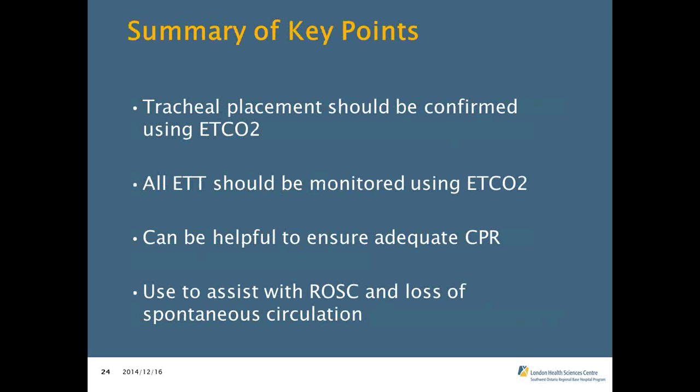The summary of the key points: tracheal placement should be confirmed using an EndTidal CO2, absolutely, and should be monitored as well. We can use EndTidal CO2 monitoring to ensure adequate CPR, back to making sure that our rescuers aren't tiring, and it could be used to assist with ROSC and loss of spontaneous circulation, as Matt has reiterated a couple of different times.